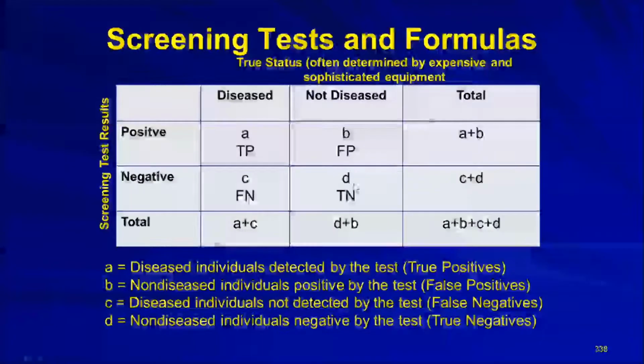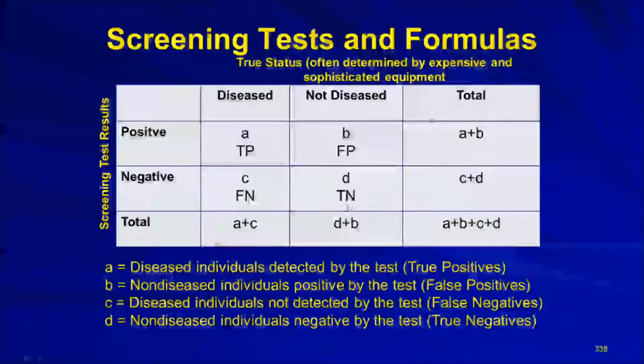If you wanted to, it doesn't make any difference to me, you can use true positive, false positive, false negative, or true negative. That would be fine too. As long as you come up with the right answer, who cares? Positive predictive value has to do with these two test results, and negative predictive value has to do with these two test results.